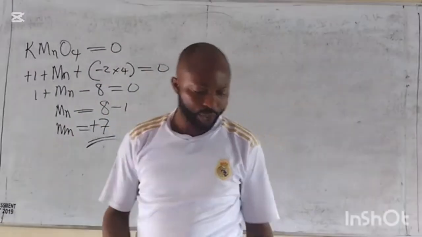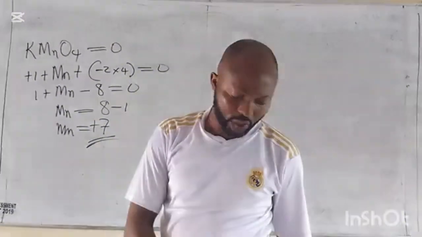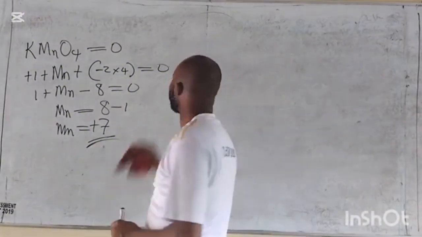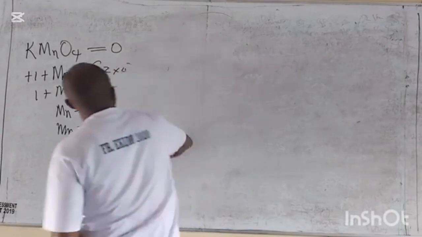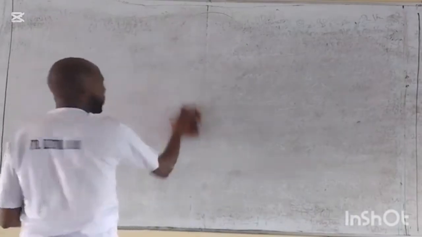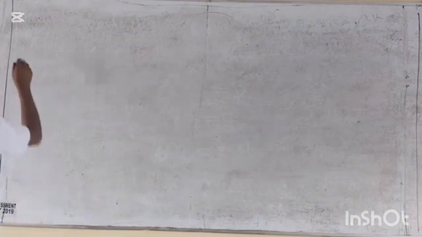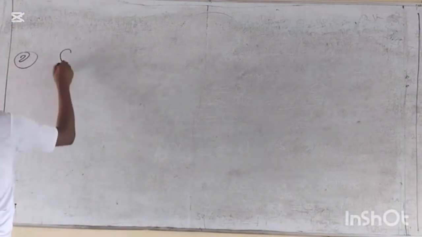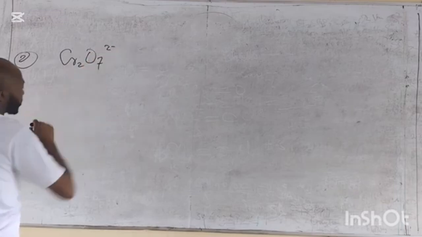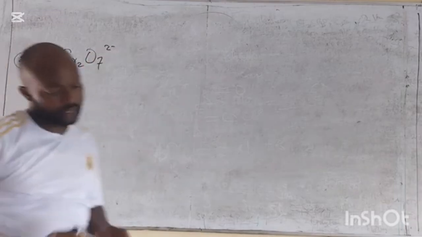Let's take another question. Question 2: calculate the oxidation number of chromium in this compound, Cr2O7 2 minus. That is what they gave us.